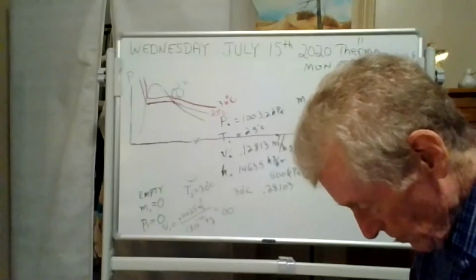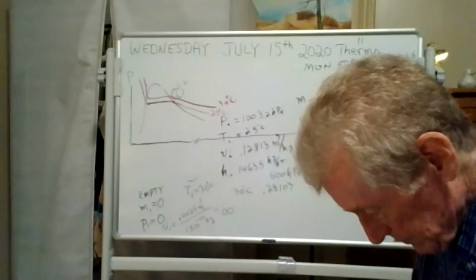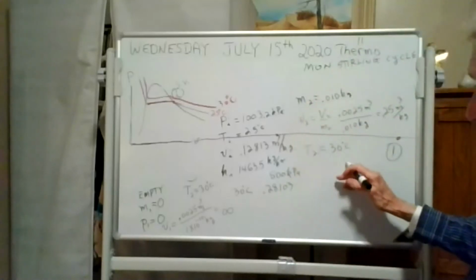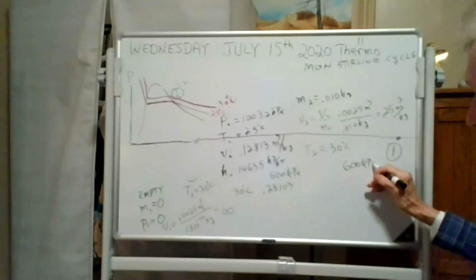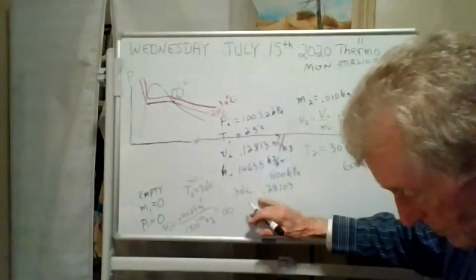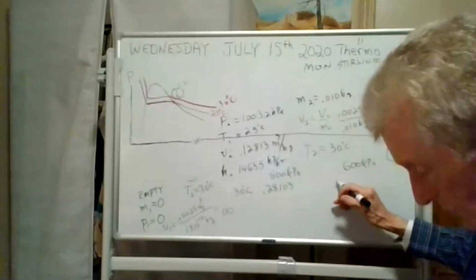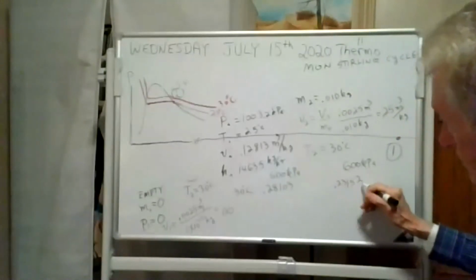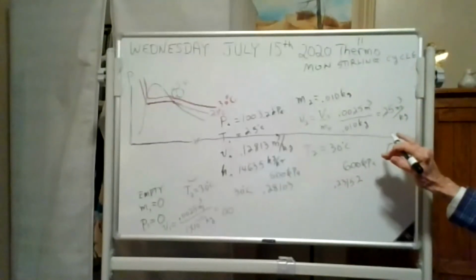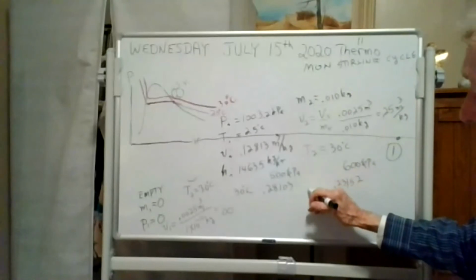And at 600 kilopascals, at 30 degrees, the specific volume is 0.23152. But see, what we want is 0.25.